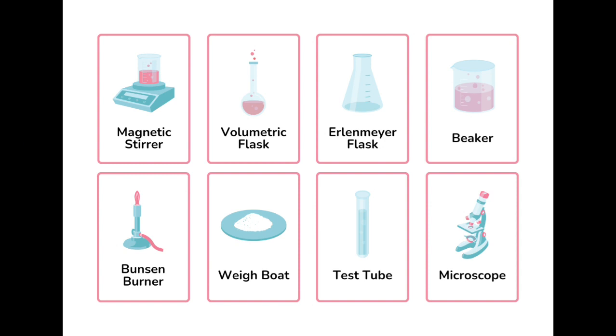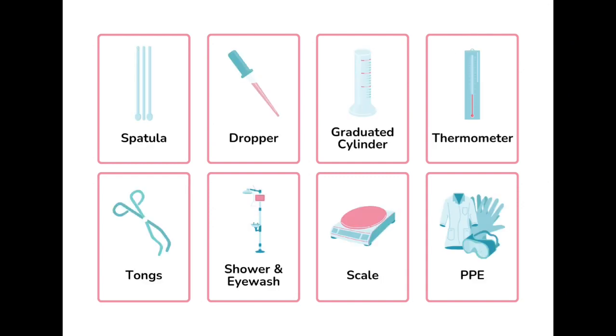Now, we talked about the types of apparatus which are found in the laboratory. Apparatus for measuring volumes of liquids, apparatus for measuring mass of solids, apparatus for measuring time, apparatus for measuring temperature, and finally apparatus for heating.